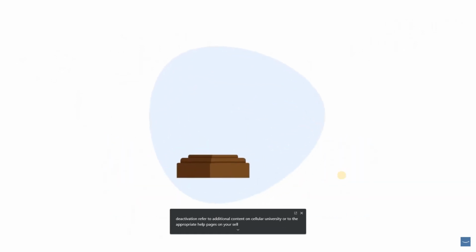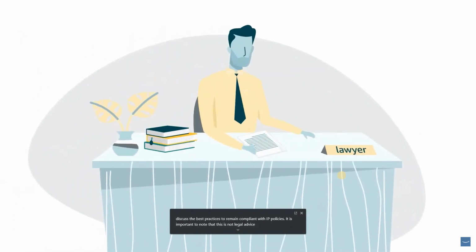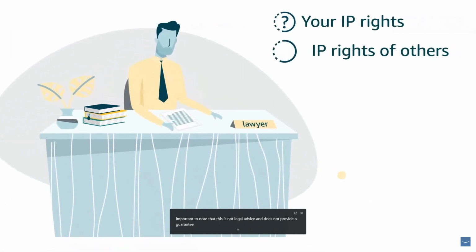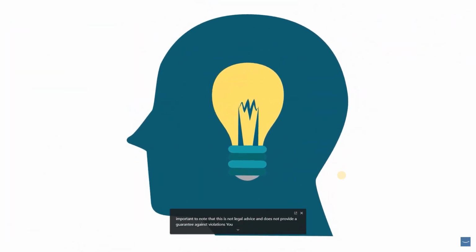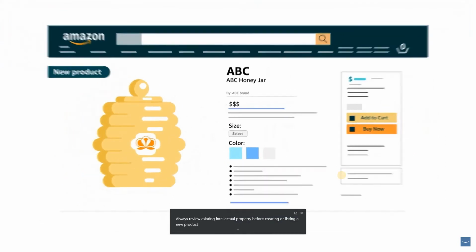It is important to note that this is not legal advice and does not provide a guarantee against violations. You should consult a lawyer if you have a specific question about your IP rights or the IP rights of others. 1. Always review existing intellectual property before creating or listing a new product. 2.